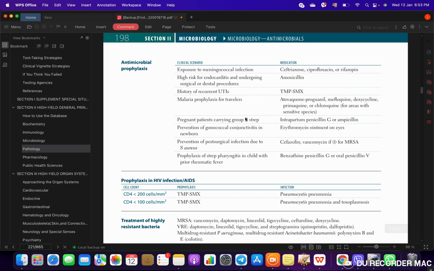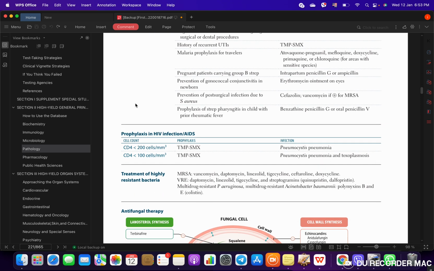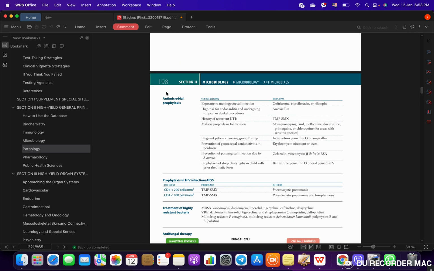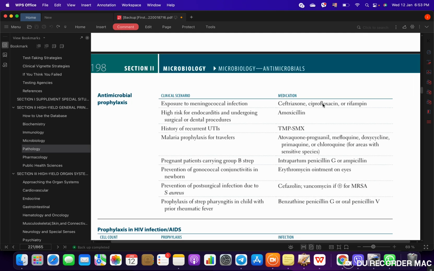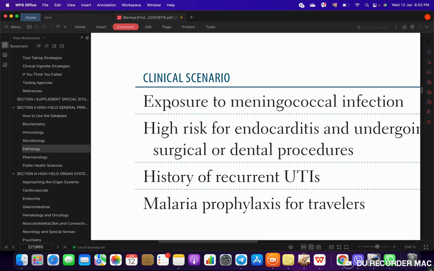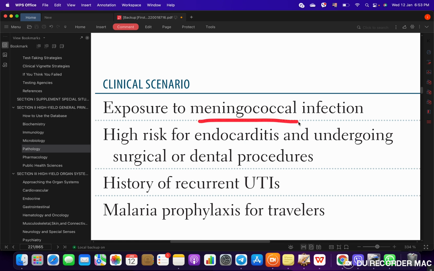Let's speak about antimicrobial prophylaxis, then the prophylaxis for AIDS and treatment of highly resistant bacteria, and then we will take a break. So antimicrobial prophylaxis, the clinical scenario: somebody who was exposed to meningococcal infection, but he's not affected. Which prophylaxis will you give him? Please don't look at your book. Excellent.